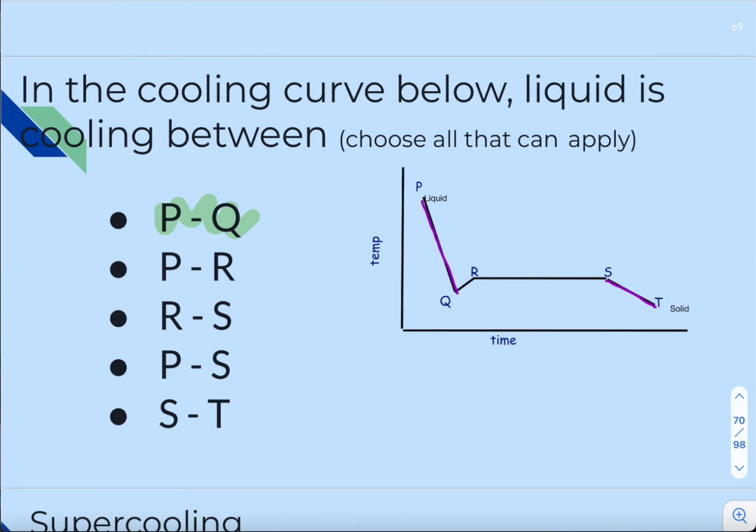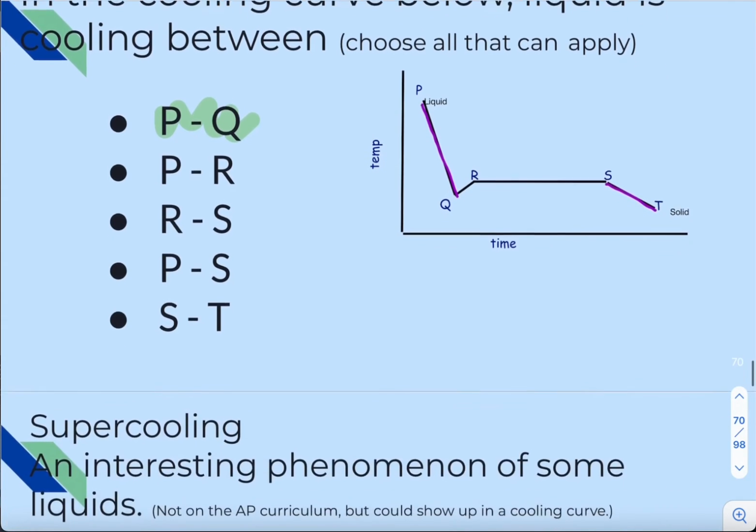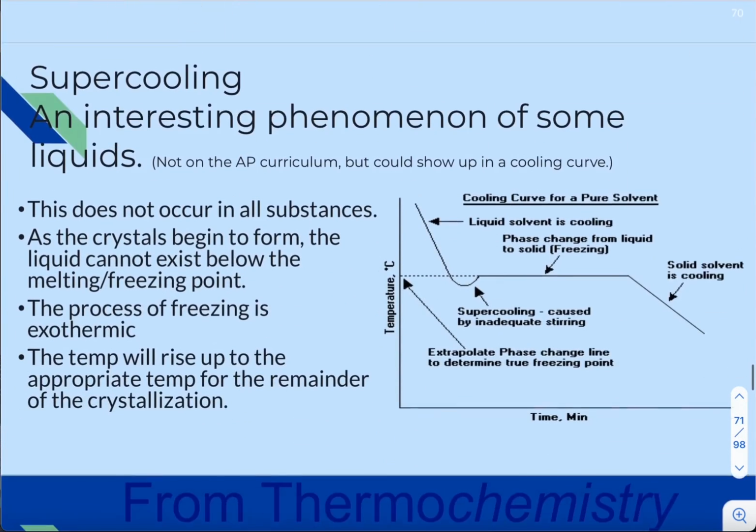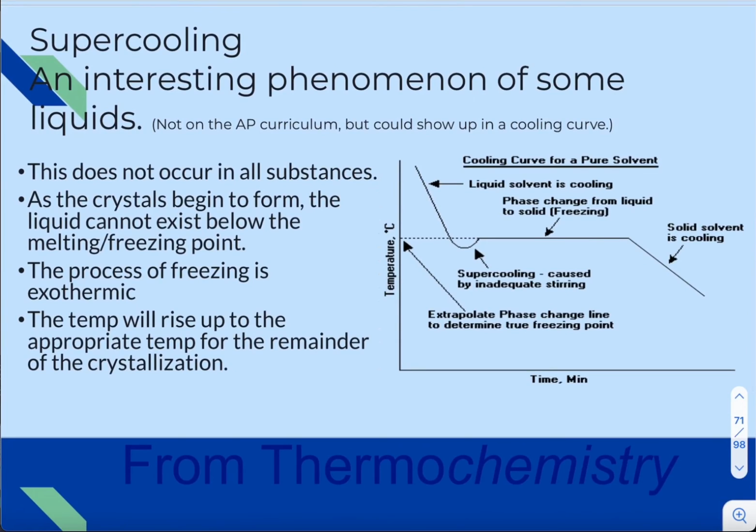Now you might notice that there's this little weird dip. That dip is called supercooling, not on the AP exam, but I figured I would throw it in here in case you see that dip. I don't want it to throw you off.